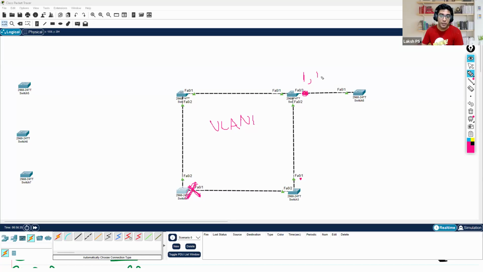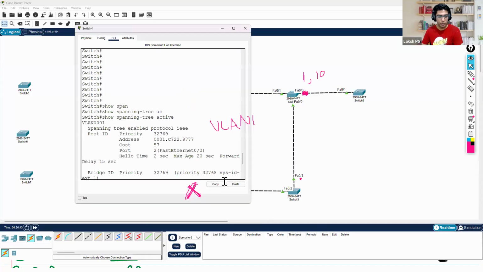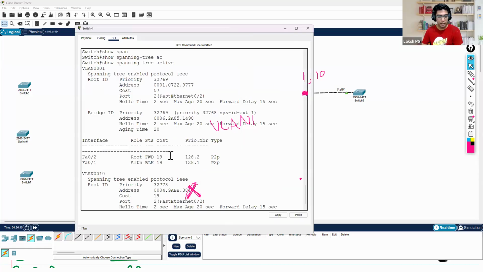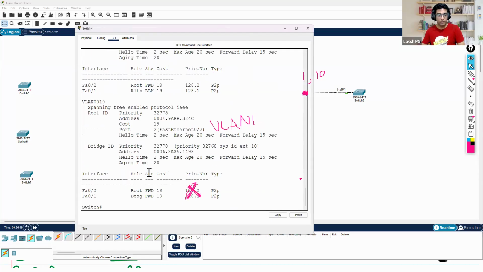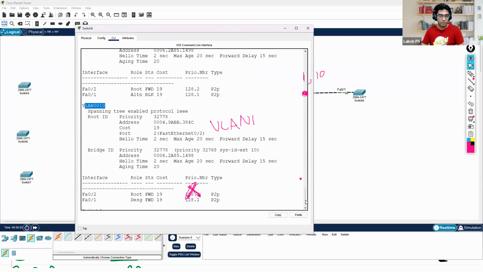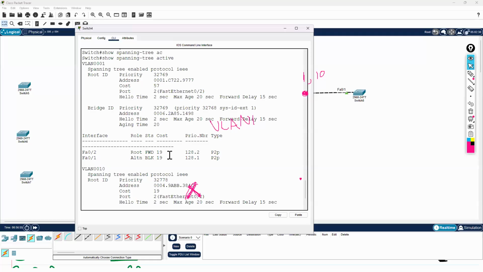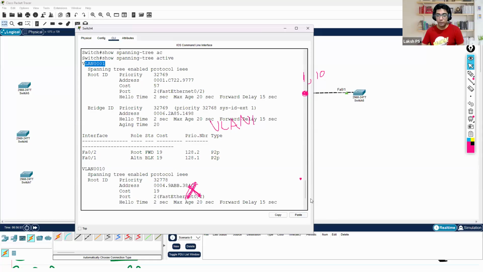I have not introduced VLAN 10 on this particular interface. That is why in every output that you see on switch number 4, you will see changes for VLAN number 1 only, not for VLAN number 10. This changed for VLAN number 1, but not for VLAN number 10.